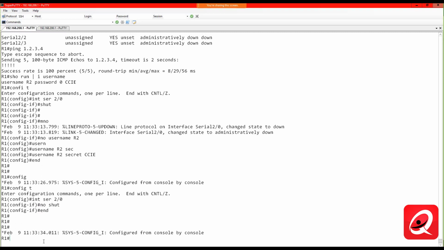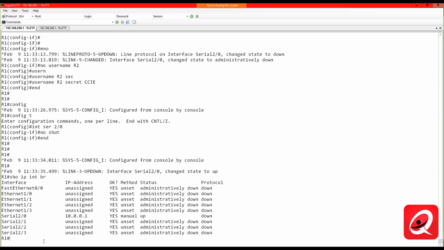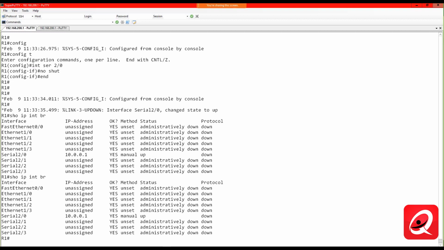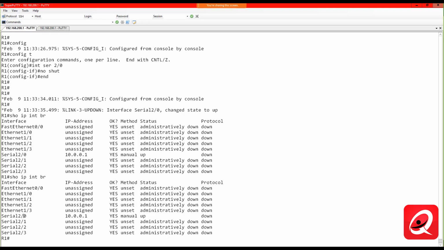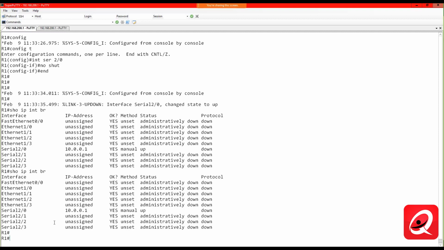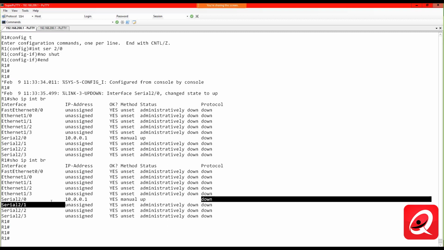See if that comes back up. All right, it should work. Show IP interface brief. Yep, but it's not working. So there may be a quirk with using a secret password versus a non-secret. We don't have the option to use the secret option on the other side, but I could show you how we could fix this problem.